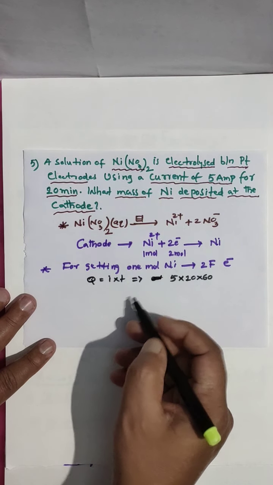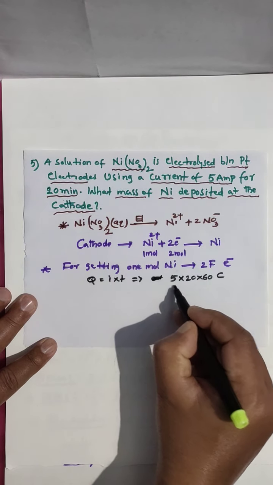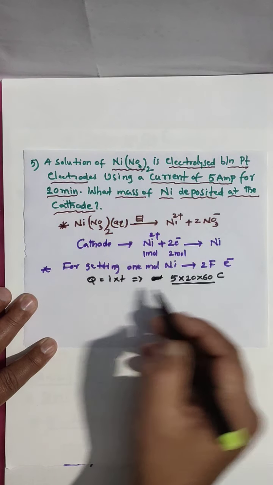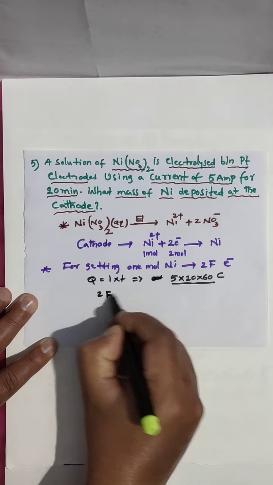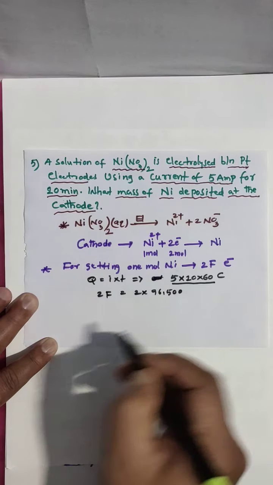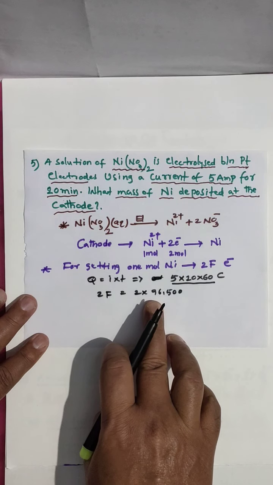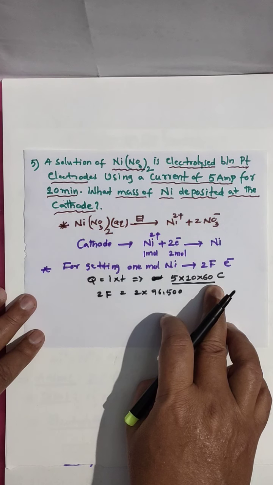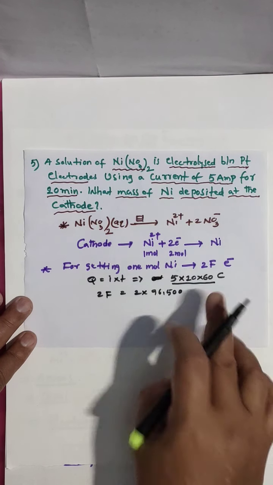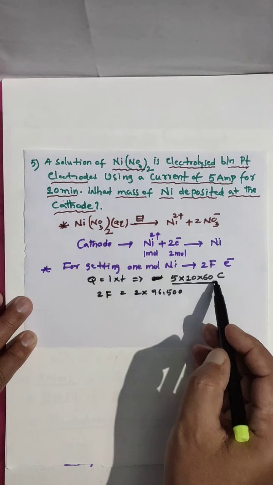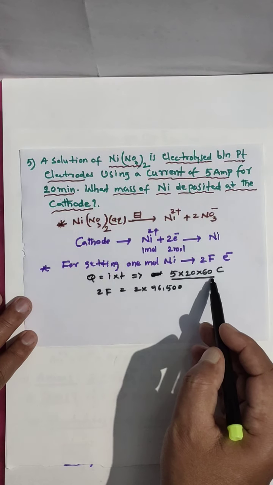Clear? This much charge is applied. And here we have 2F, nothing but 2 into 96,500. This many electrons we have to pass, and this is the charge.